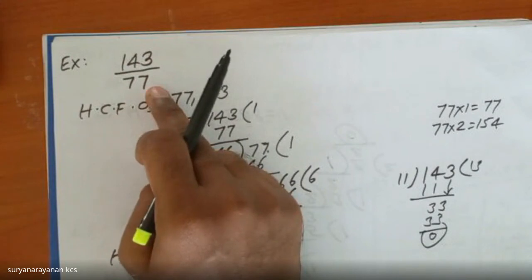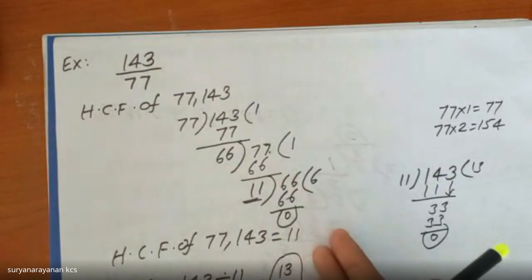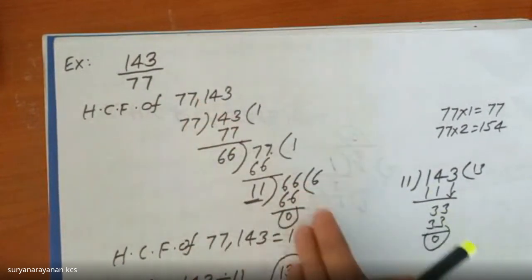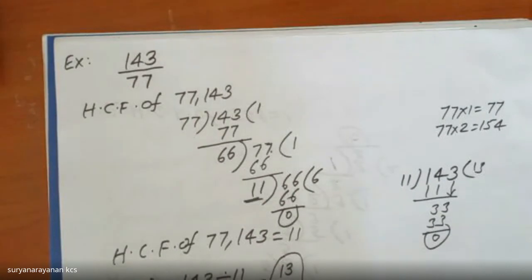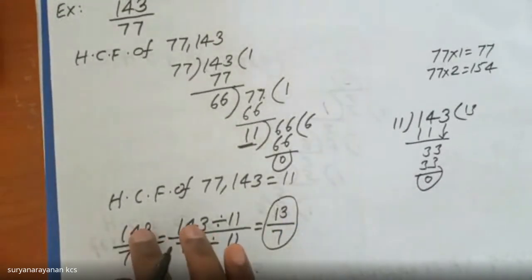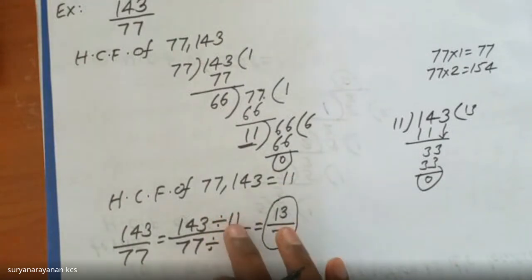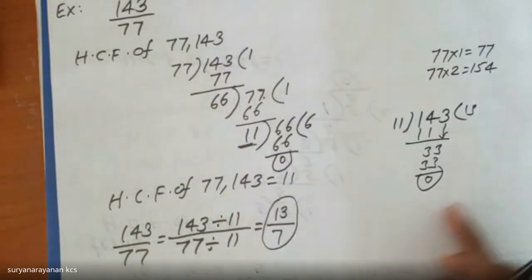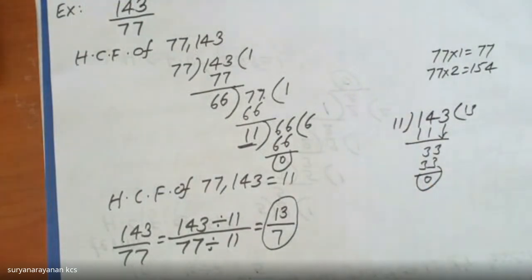It seems a little bit difficult, but if you follow this procedure, we can easily find the HCF of the numerator and denominator. Then we can easily divide the numerator and denominator by this HCF. Automatically we get remainder 0. That is the advantage. That is a plus point of HCF.